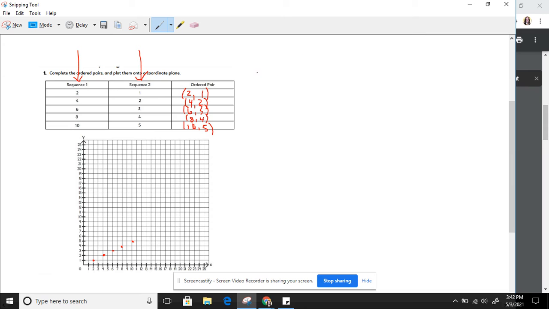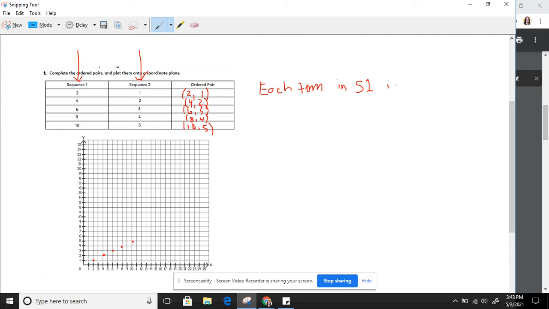So I'm going to write that out for us. I wish I had a text tool, but I don't. So each term in sequence 1, and I'm going to put S1 for sequence 1 just because it's hard for me to use the writing tool, is twice the amount of the corresponding term in sequence 2.